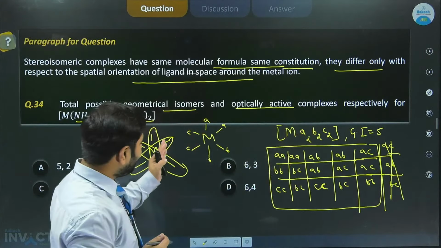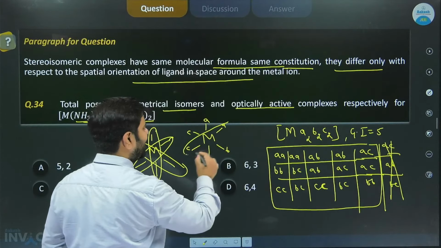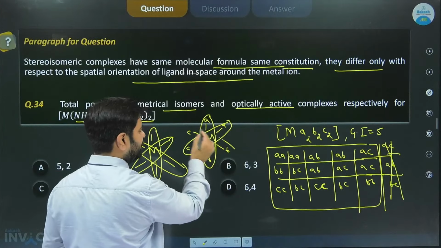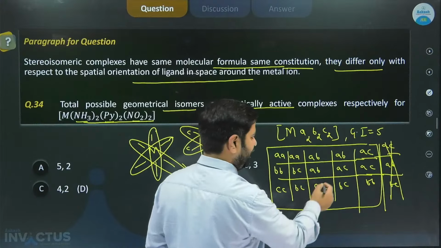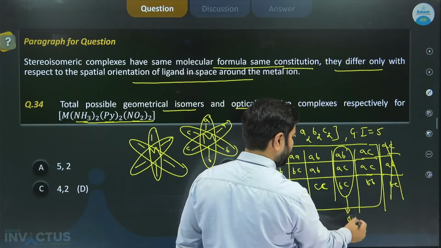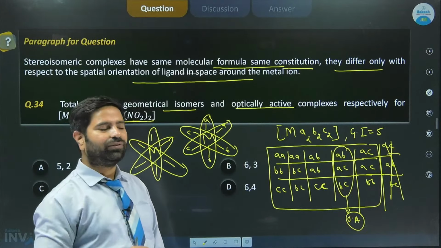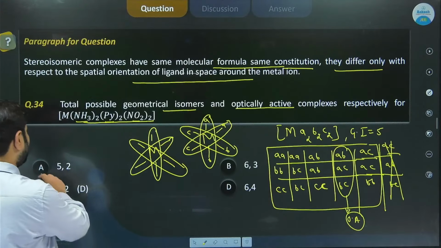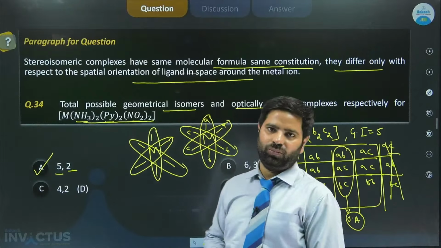Let's find the isomer in which AC is trans, AB is trans and BC is trans. This is the optically active one, and it will have two optical isomers, one being its mirror image. So 5 will be geometrical and 2 will be optically active isomers.